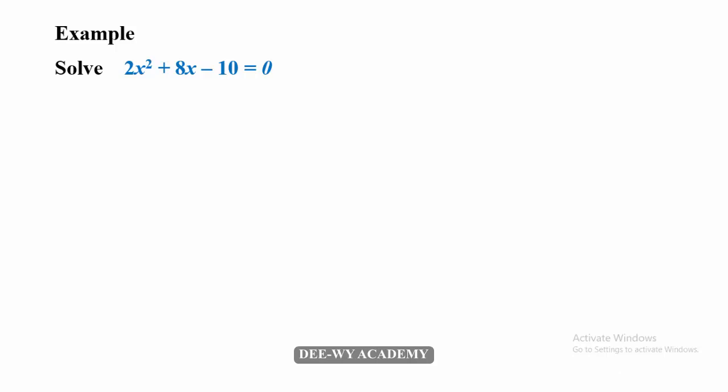And the value that is independent of x is minus 10. If we are taking this minus 10 to the other side of this equation, we have 2x squared plus 8x is equal to 10. It's like we are adding 10 to both sides of the equation. Like if you add 10 here, minus 10 plus 10 will give you 0 at this side of the equation. And 0 plus 10 will give us 10.